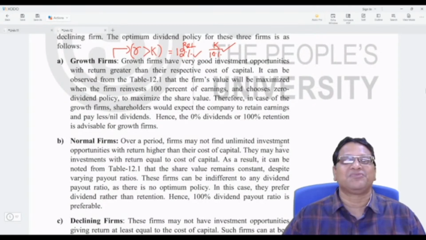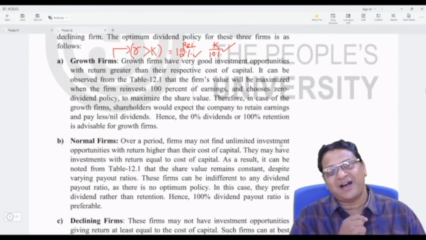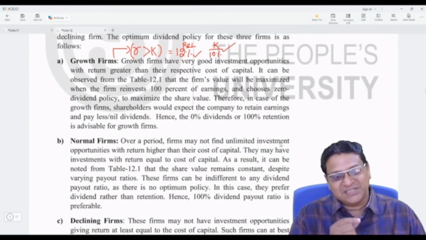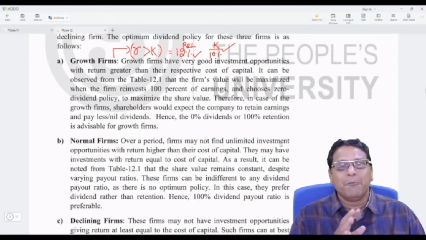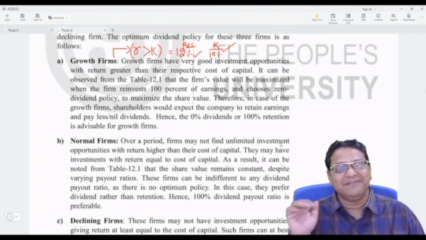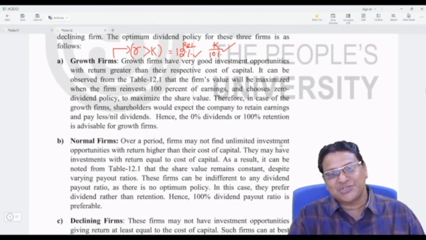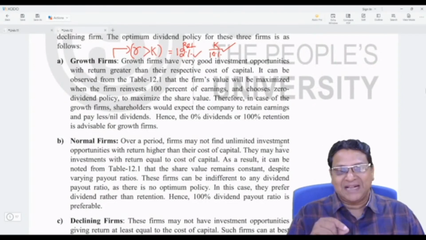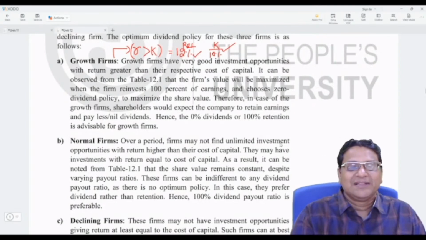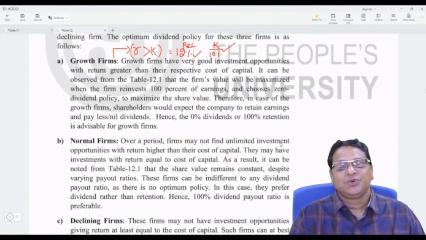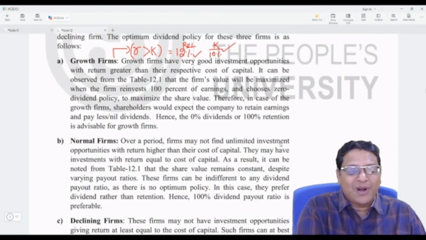They call it a growth firm. So in case of a growth firm, what is the expectation of the shareholders? The expectation of the shareholders is that companies should not pay any dividend, rather companies should retain the maximum profit. That means what should be the advice to the growth firm as per Walter's model?